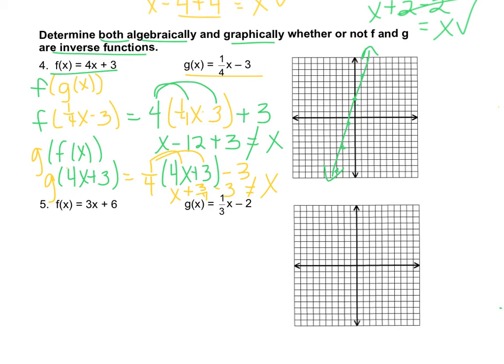And then function g, y-intercept's negative 3. I'm going up 1, right 4. And then I'm going to go ahead and draw my y equals x line.